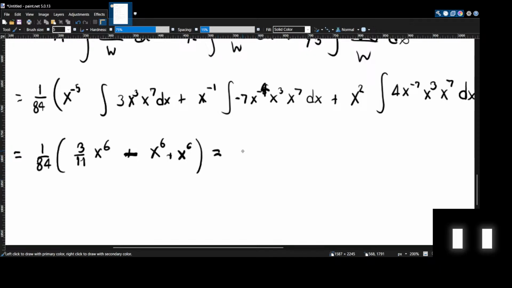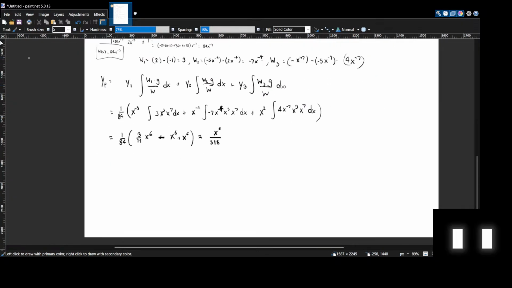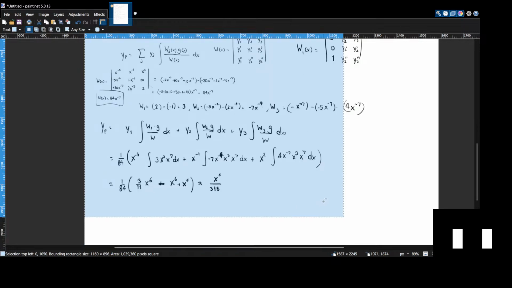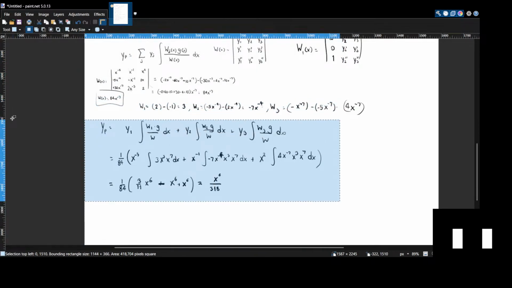This becomes x to the power of 6 divided by 28 times 11, which is equal to 318, I think. And this is our particular solution. I'm going to shrink all of these down so that we have some more space to work with.